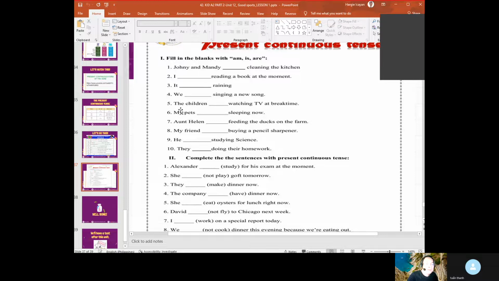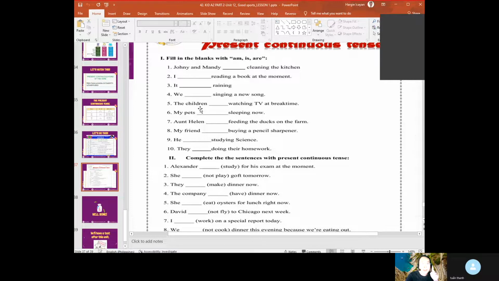Number five. The children are watching TV at break time. Okay, now remember, we use children. Children means many, right? So therefore, we have to say the children are. When we say children, we are talking of more than one.